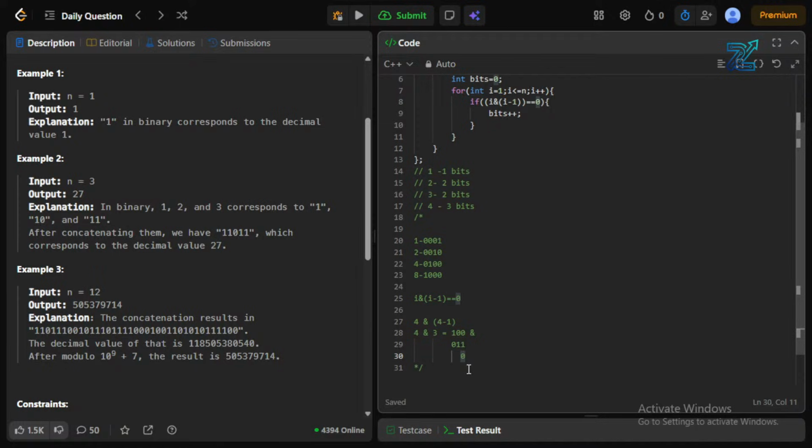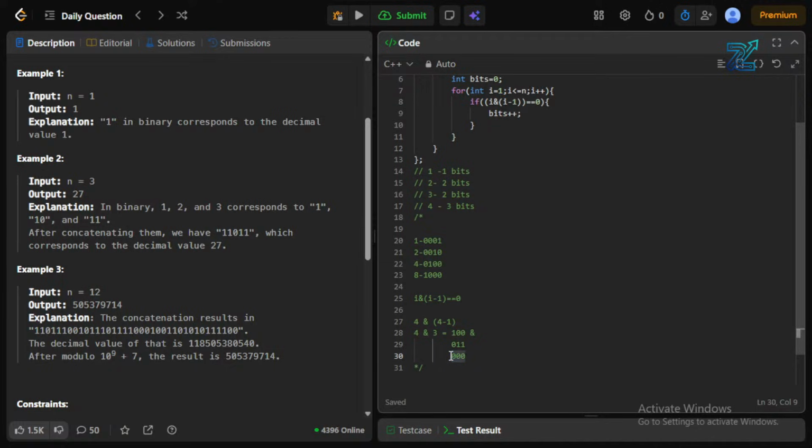Then 0 and 1, again it is 0. Again 0 and 1, again it is 0. So this is the final output when we do AND between 4 and 3, and we got 0, right?